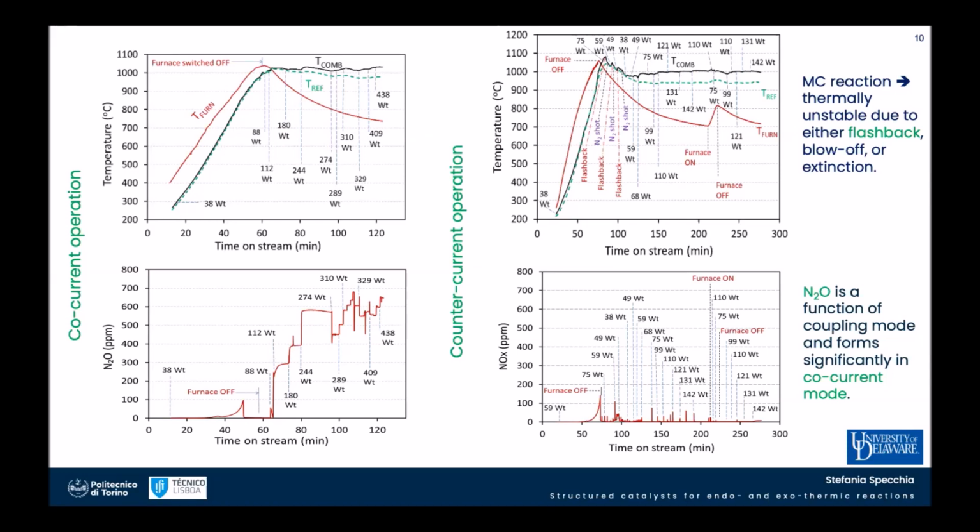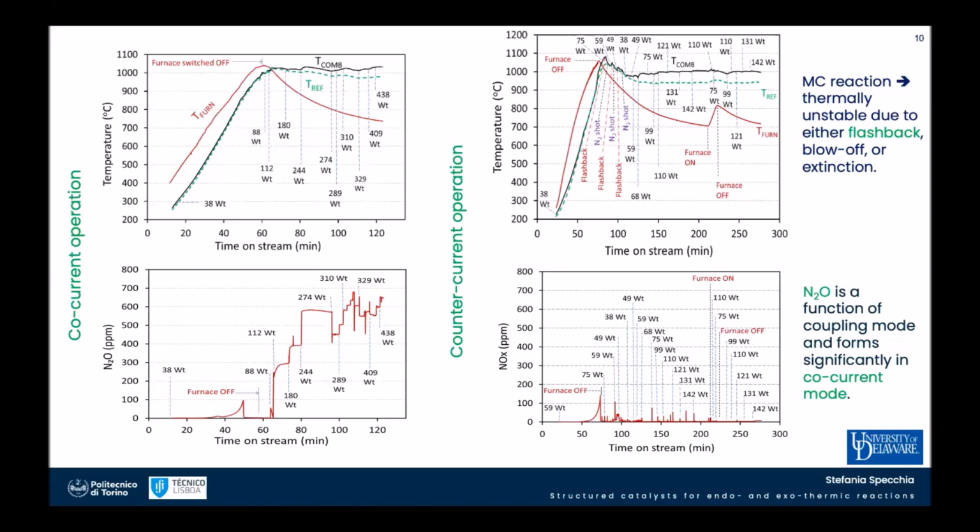We also performed a series of simulations showing that if we increase the number of channels, we are able to provide more heat overall and keep the two reactions much more stable compared to one single side of combustion and one single side of reforming.